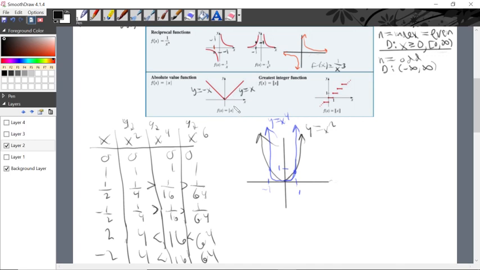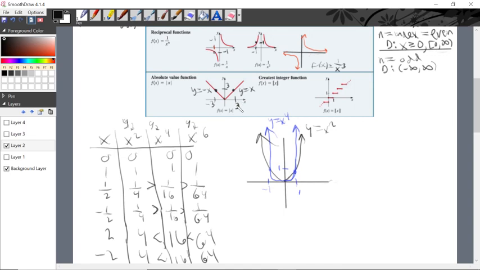For example, if x is equal to 3, the absolute value of 3 is 3, so we would have the point (3, 3) on the graph. But if x is equal to negative 3, the absolute value would switch that to a positive 3. So we'd also have the point (-3, 3) on the graph.